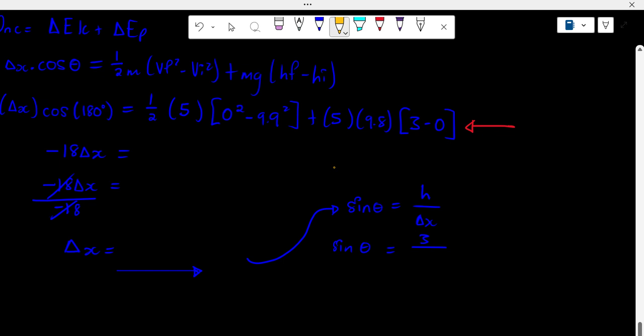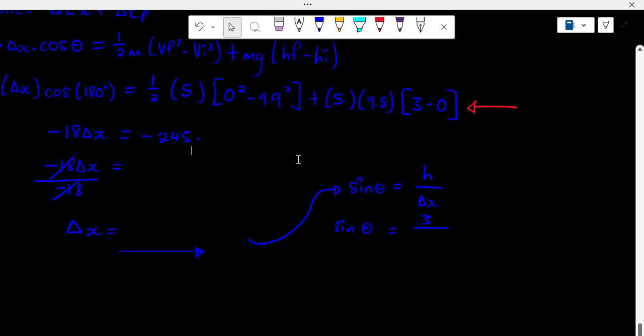So I substitute 5 there. This is 0 squared minus 9.9 squared. I get a value of negative 245.025, plus, and then on this side it's 5 times 9.8 times 3, which gives me a value of 147.